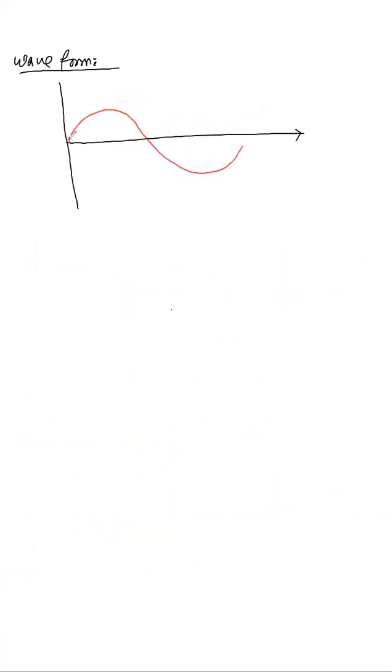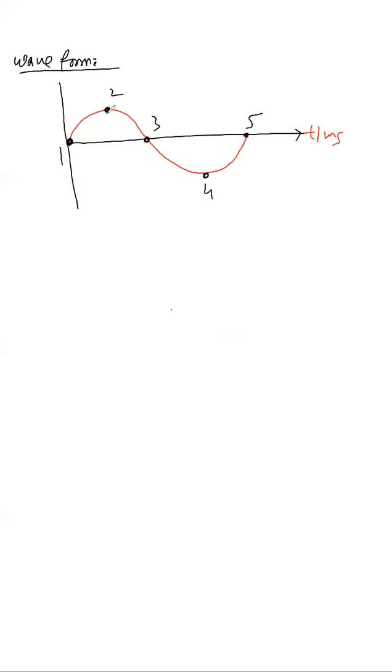Okay, if we look at the waveform, let me draw a waveform for you. Okay, so here we go. This is one waveform. So let's say along the x-axis is time, so if I draw different points, like this is my first point, this is second point, this is third point, fourth point, and fifth point.